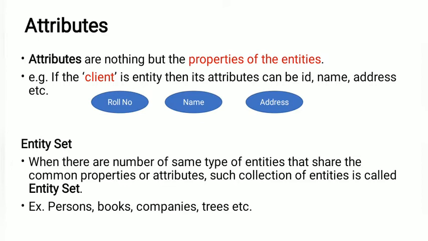For example, if I have the entity person, the properties that describe the particular entity would be the name, age, address, phone number, etc. These are called attributes of a person. It is represented by an oval symbol. There are various types of attributes: composite attribute, simple attribute, single value attribute, multi-value attribute, derived attribute, etc.